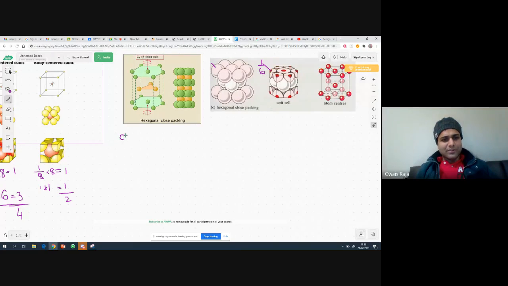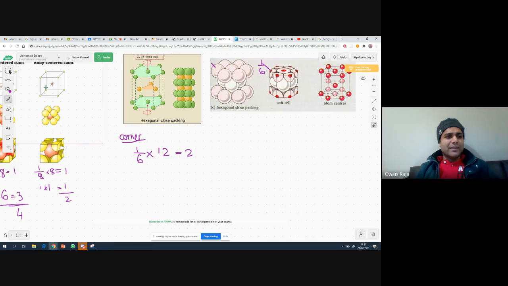So the corner ones, 1/6 of that belongs to the unit cell. And how many are there in total? 12. So that will give you at least 2 atoms.